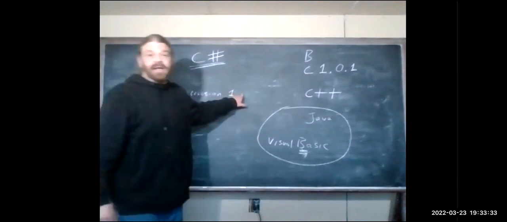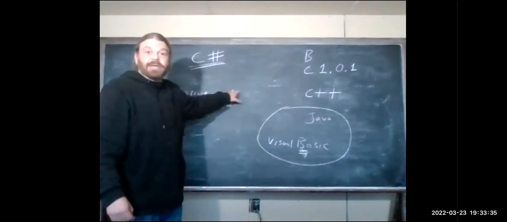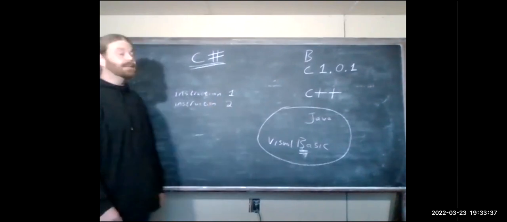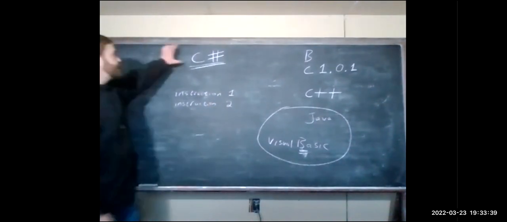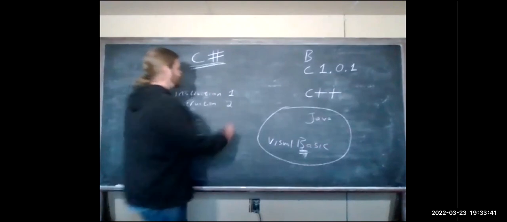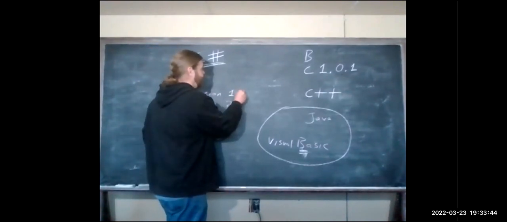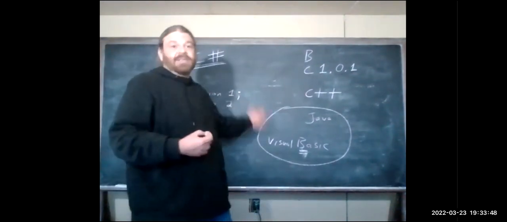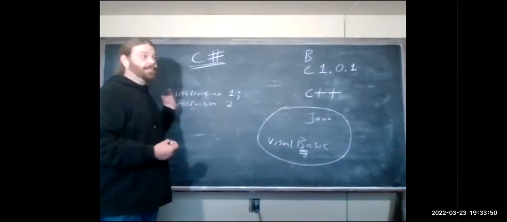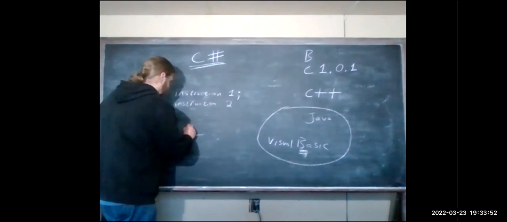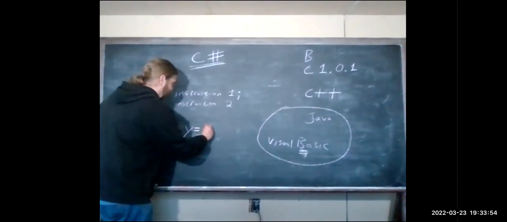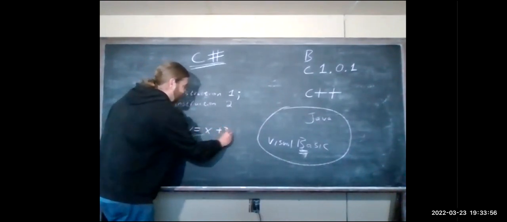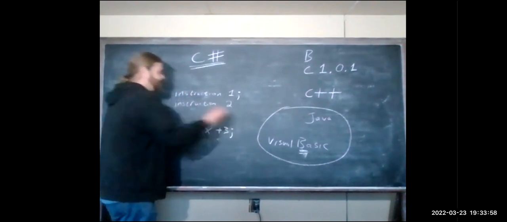And that line feed, that's where we separate the instructions in Python. So for C#, our instructions are separated by a symbol for end of instruction. A semicolon means end of instruction. So like y equals x plus 3, end of instruction.